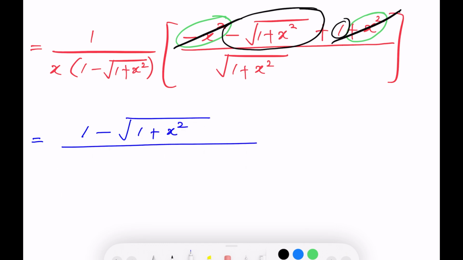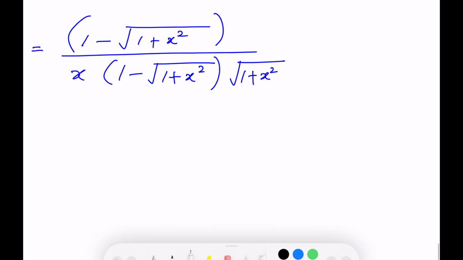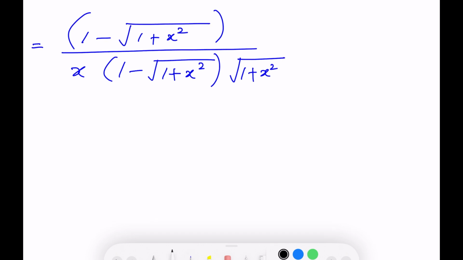All of that is divided by this x right here, times the other factor 1 minus square root 1 plus x squared, and then I have this term. Let me write that also down, square root 1 plus x squared. Now you can see that we can divide out those two factors from the numerator and the denominator.